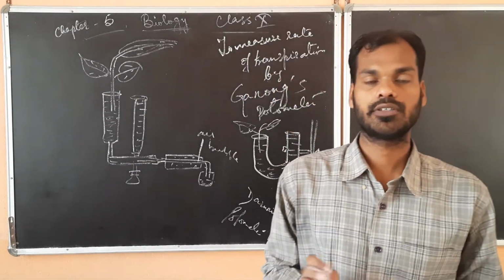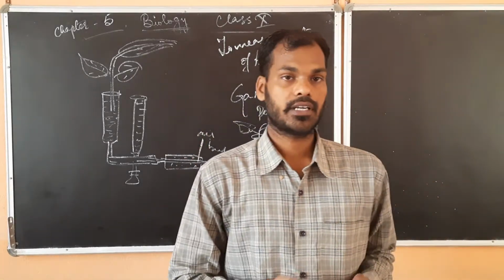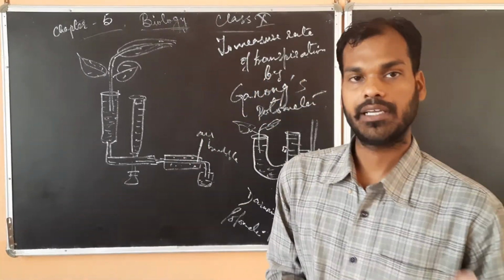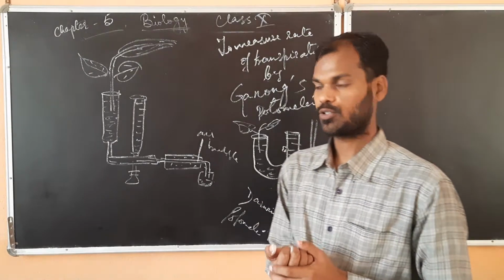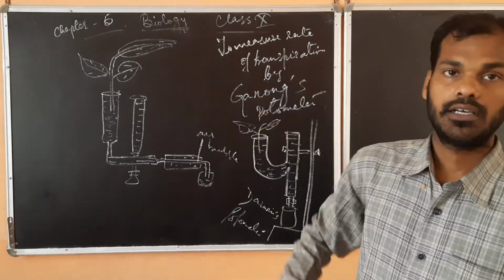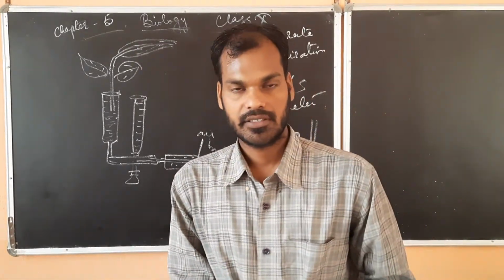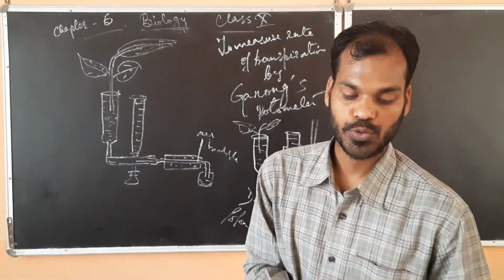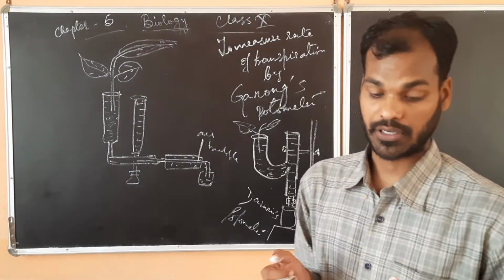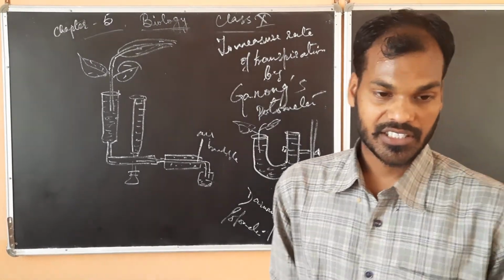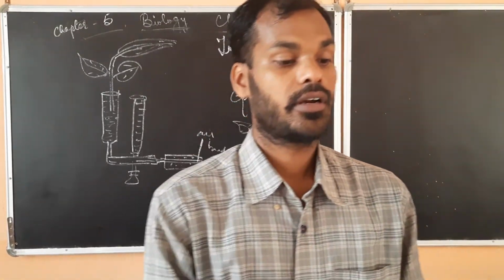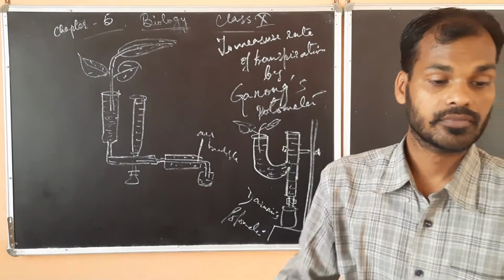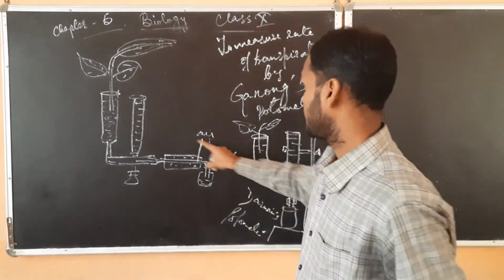Today I will tell you about the rate of transpiration, and how to measure it by a Ganong photometer. The Ganong photometer, or simply photometer, is an apparatus which is used to measure the rate of transpiration. It consists of a long graduated tube.